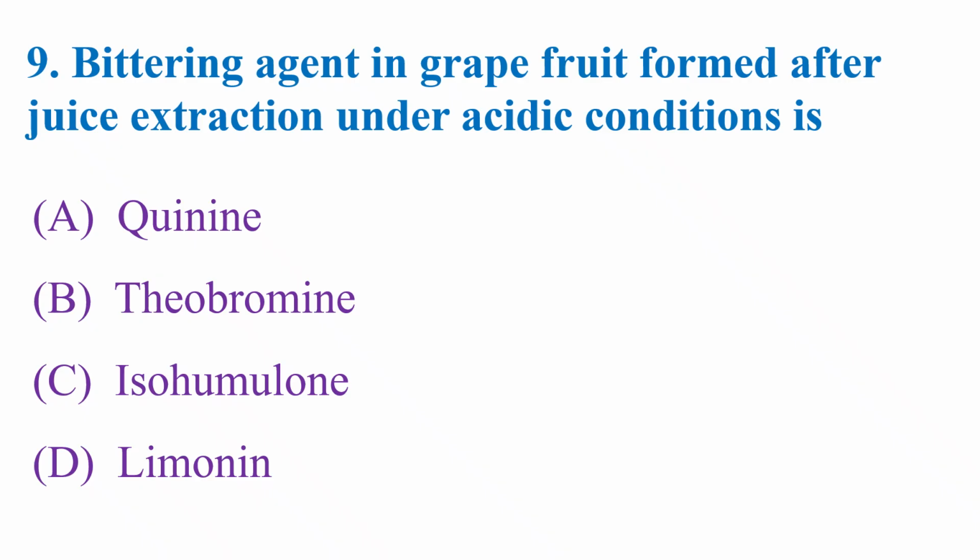So my correct option is D, that is limonin. So limonin, it is a primary bittering compound which is found in the grapefruit juice, and it is formed after the extraction under the acidic condition, and basically it arises from the conversion of limonin monolactone to limonin.